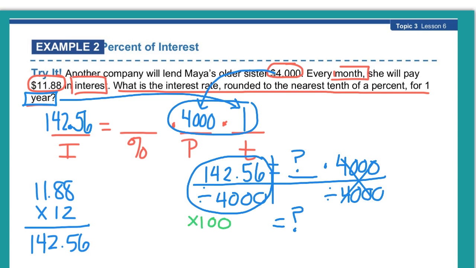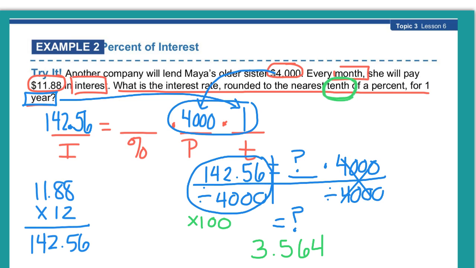So when I did that on my calculator, I ended up with this number, 3.564. But again, reading, oh my goodness, reading is hard sometimes.